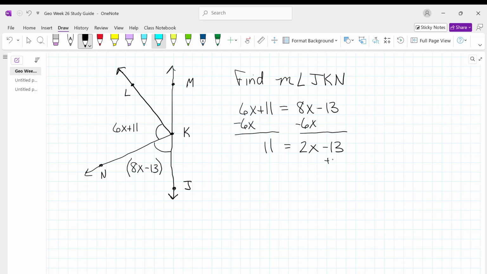Next, we can add 13 to each side. And 11 plus 13 is 24, is equal to 2x. Going to divide both sides by 2. And 12 is equal to x.